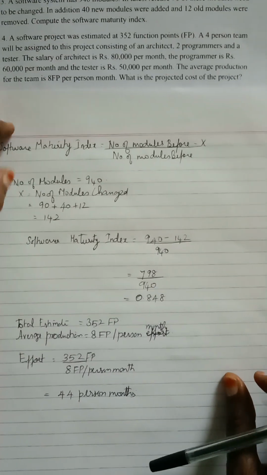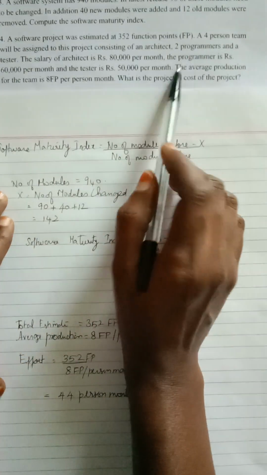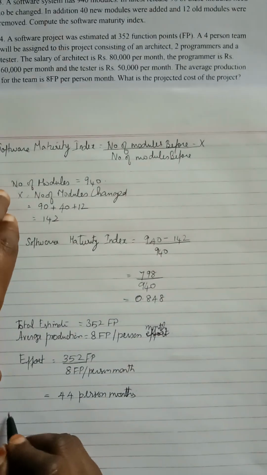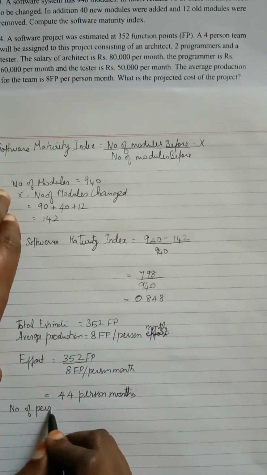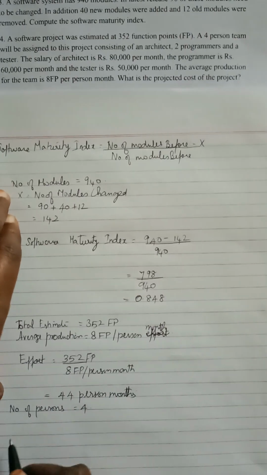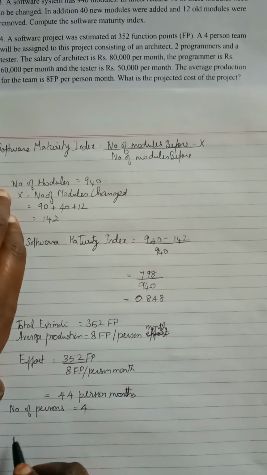Now, we found out the number of person months, and they're given as a 4-person team. So number of persons is 4. So we know the number of persons, we know the number of person months. Now we can find out the number of months.